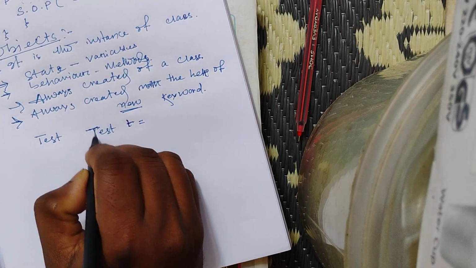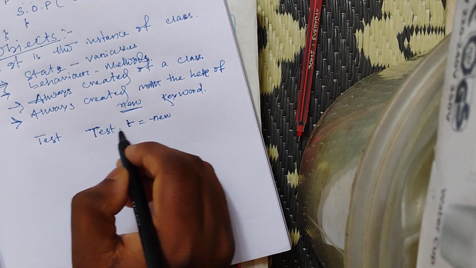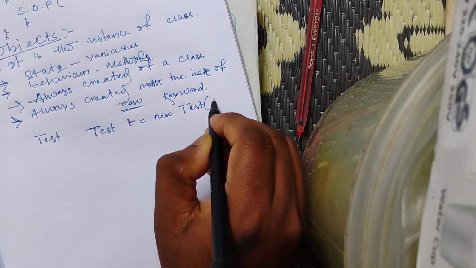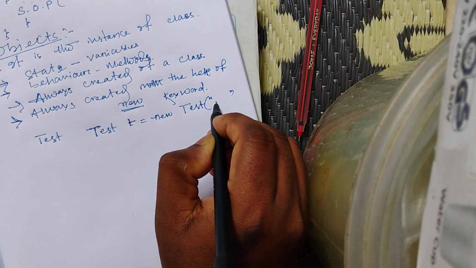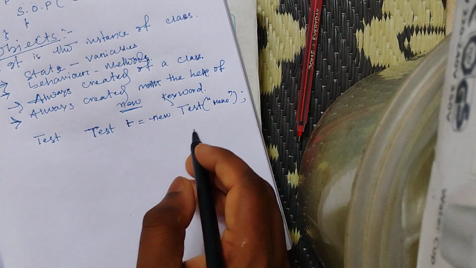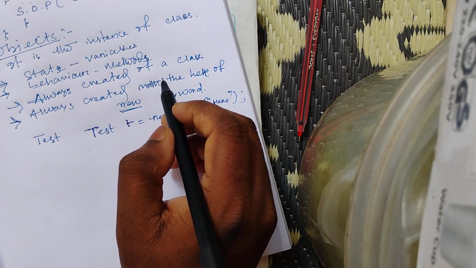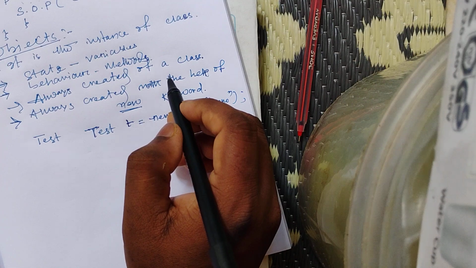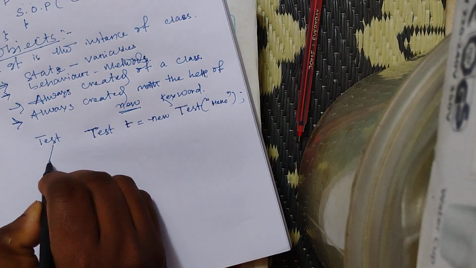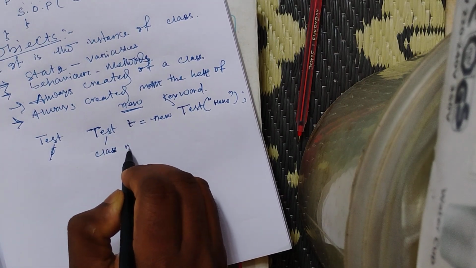New Test. This is the class name. This is a variable name. New Test, and I can pass here something like hello, when I have created a parameterized constructor, but remember this, later we'll discuss. This is the class name.